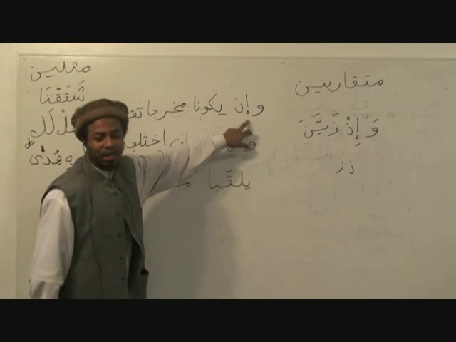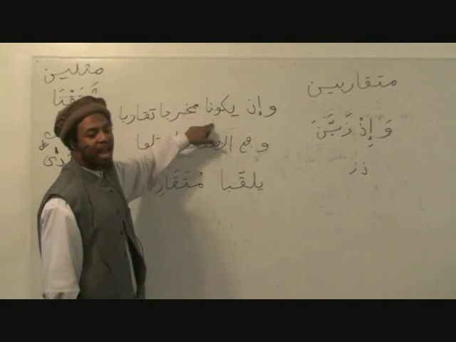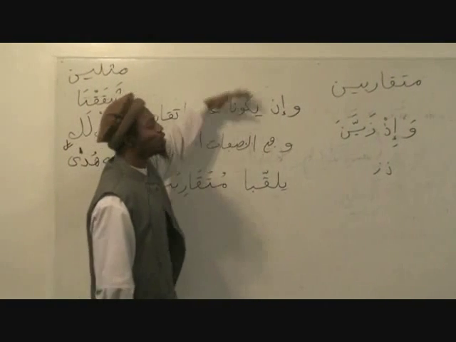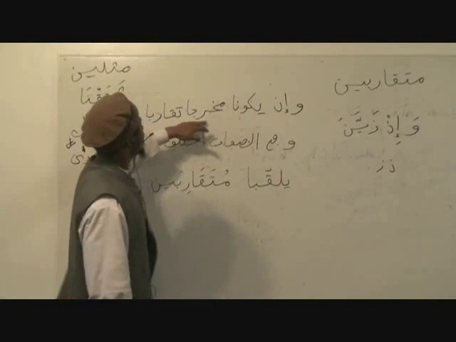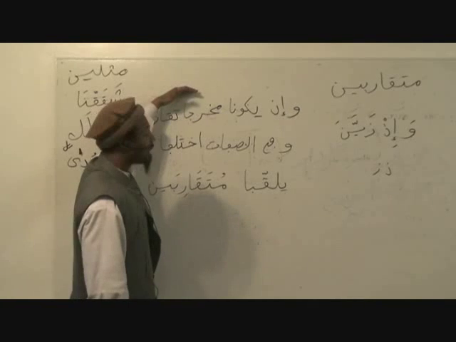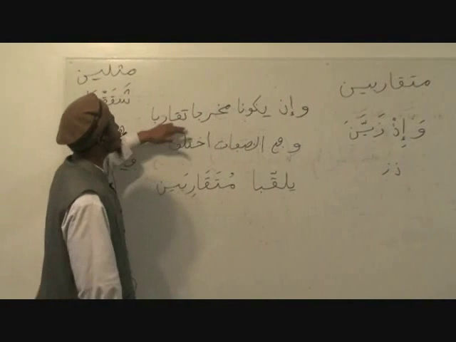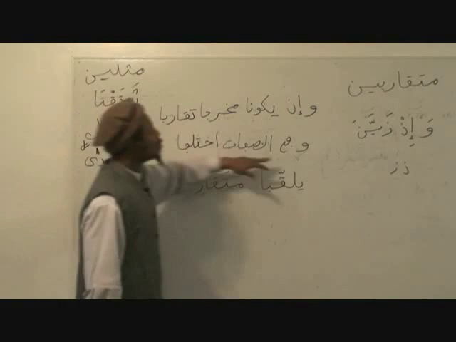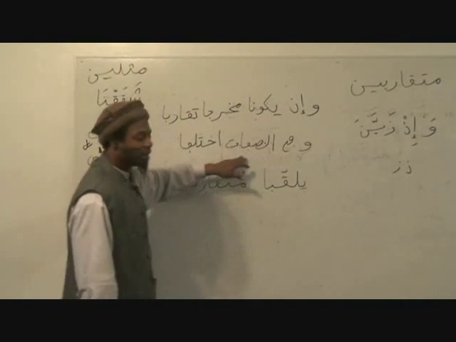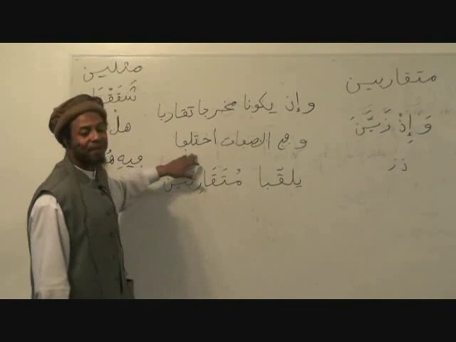So, وَإِنْ. Say وَإِنْ. And when or if. يَكُونَ. The two of them are مَخْرَجًا. In the same makhraja, taqaraba. So their makhraj is close to each other. Wafi sifati. And in the sifat of the letters, ikhtalafa.